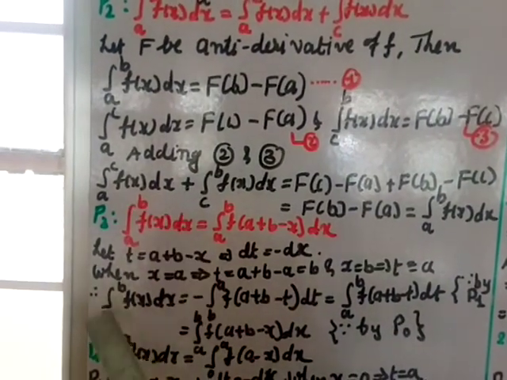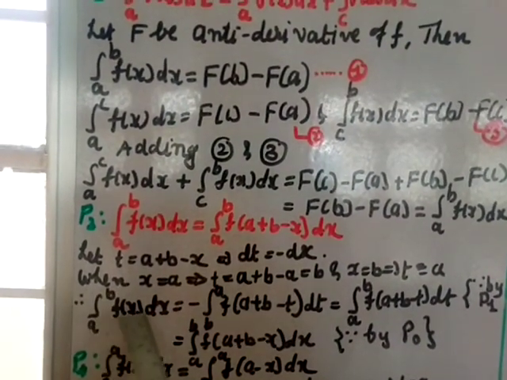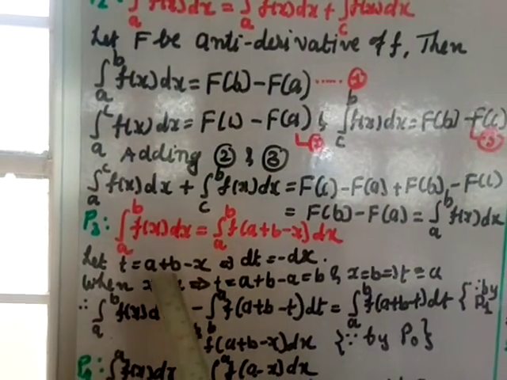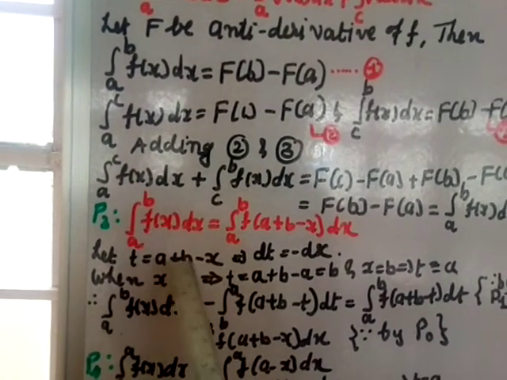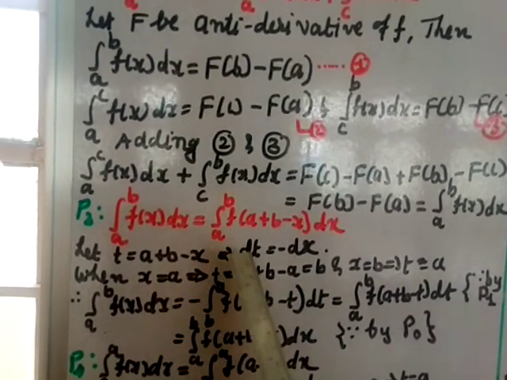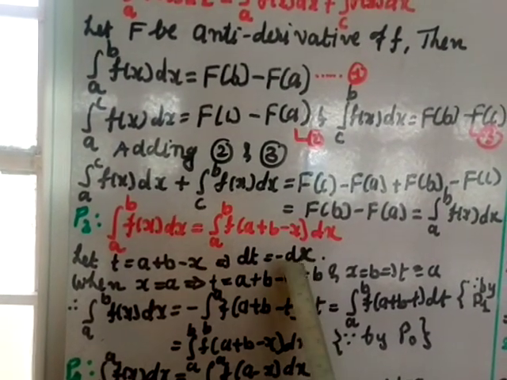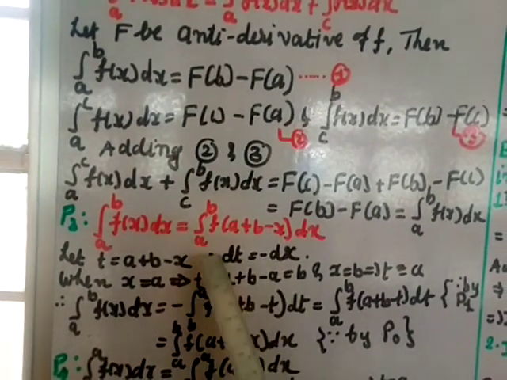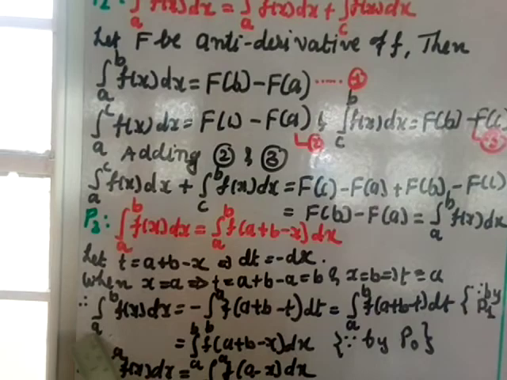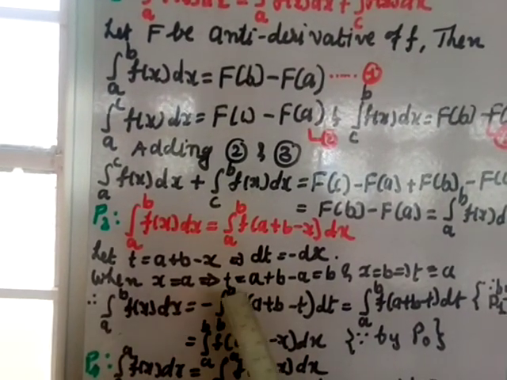Therefore, take the integral a to b f(x) dx. Instead of x, you put a plus b minus t here. Since minus dx is equal to dt, instead of dx you put minus dt. And the limits become b and a.